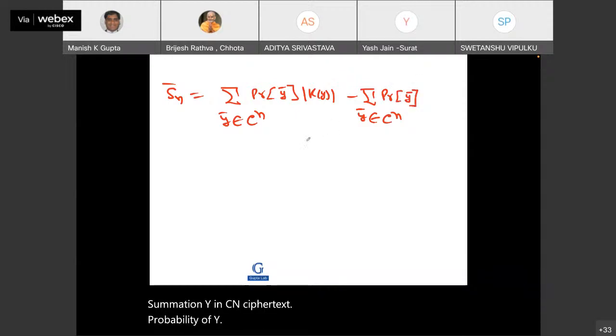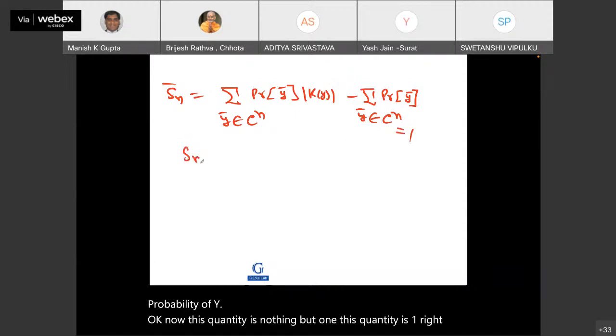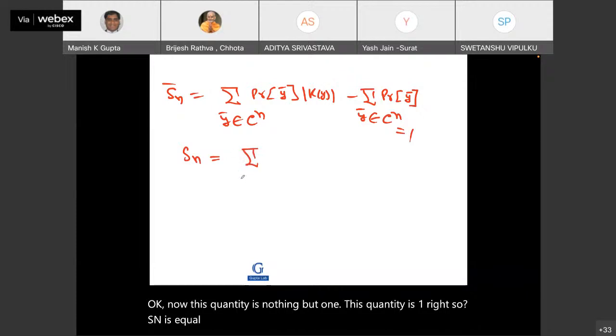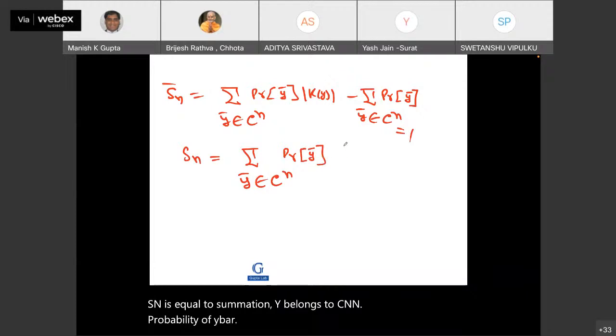Now this quantity is nothing but 1, right? So Sn is equal to the summation over y belonging to Cn of the probability of y bar times ky minus 1.